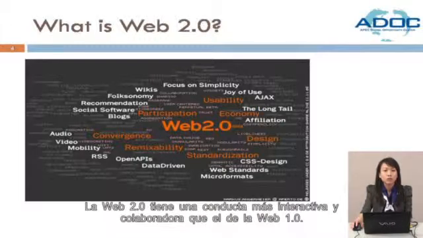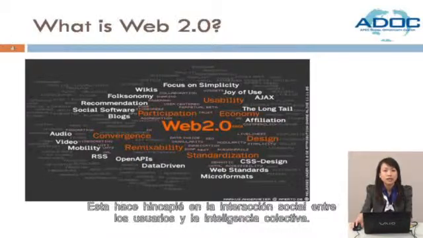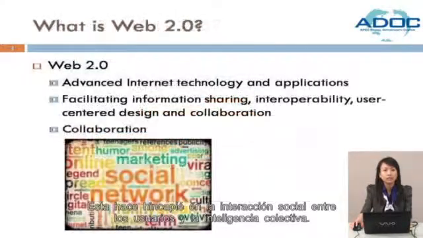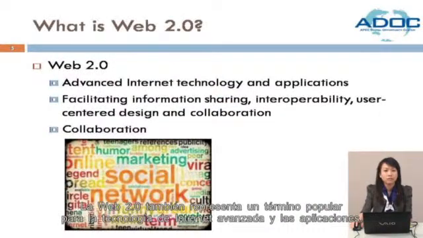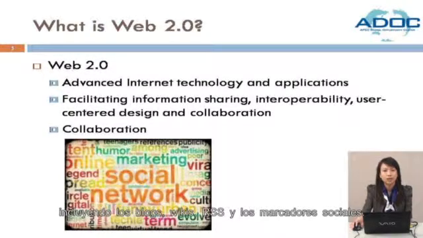Web 2.0 is more interactive and collaborative than Web 1.0. It emphasizes users' social interaction and collective intelligence. Web 2.0 also represents a popular term for advanced internet technology and applications, including blogs, wikis, RSS, and social bookmarking.